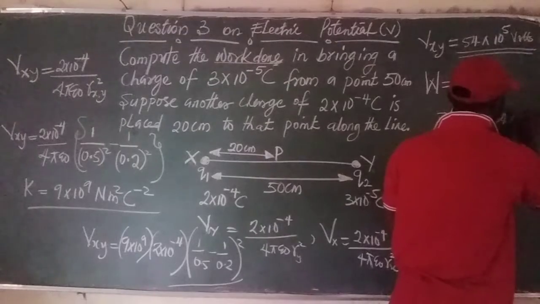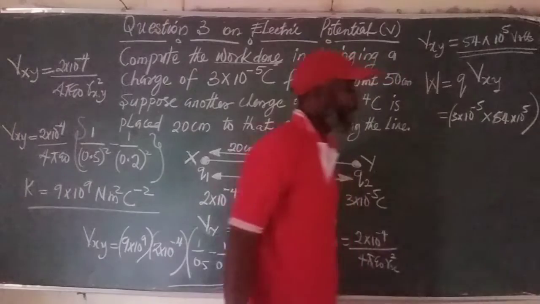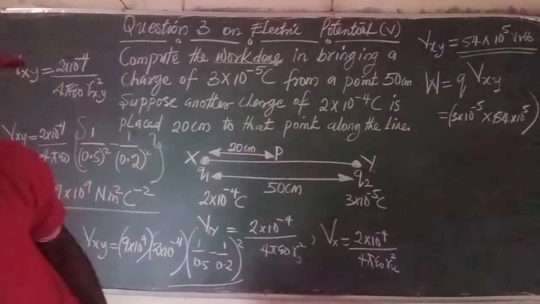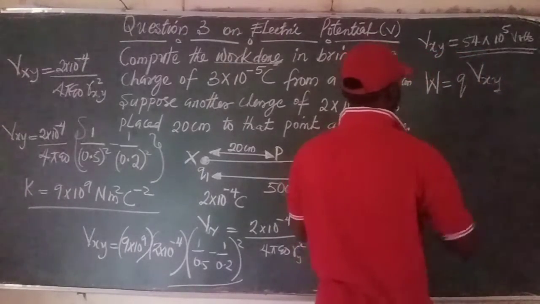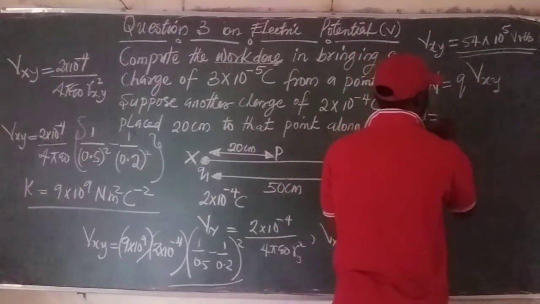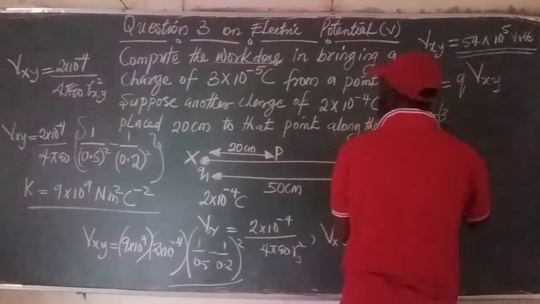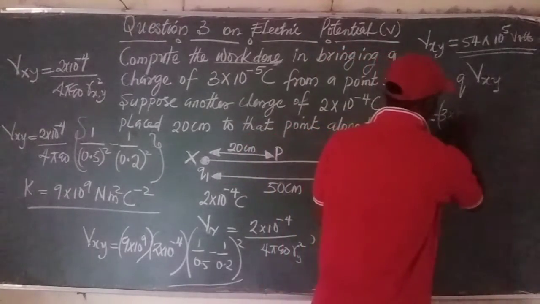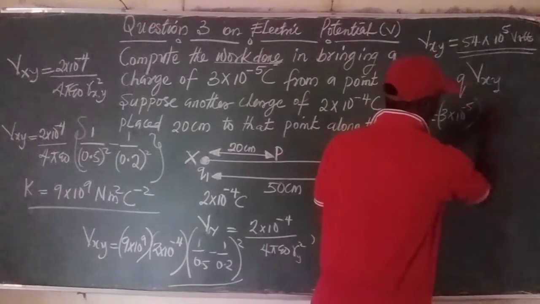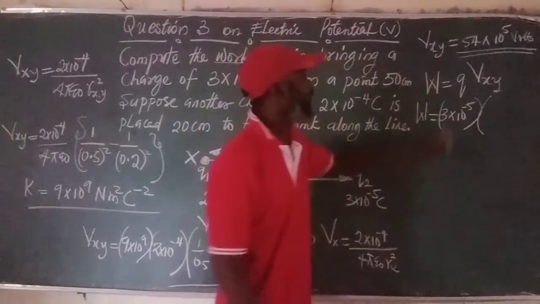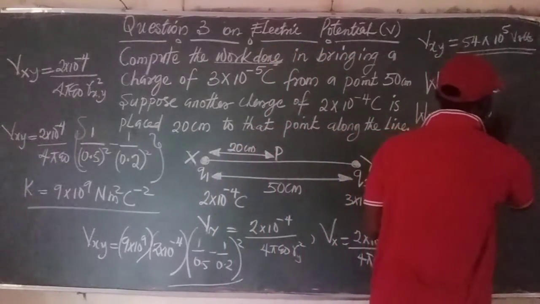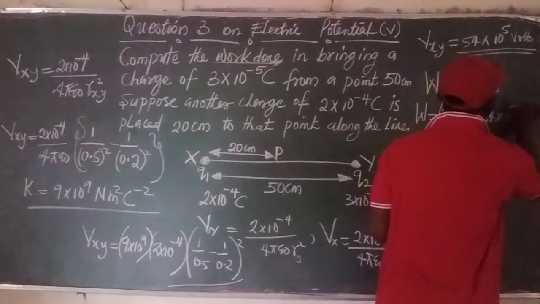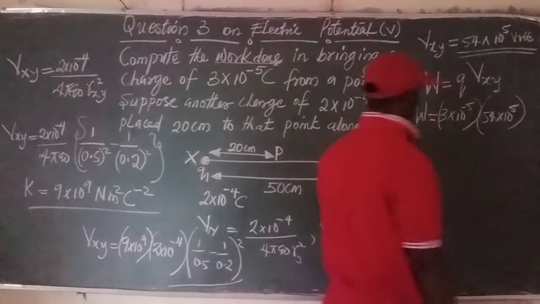If that is not clear, let me rewrite it for clarity. So we have W, the work done, is equal to the charge, 3 times 10 minus 5, in brackets, times the potential difference we have found between X and Y, 54 times 10 raised to the power 5, bracket close once again.